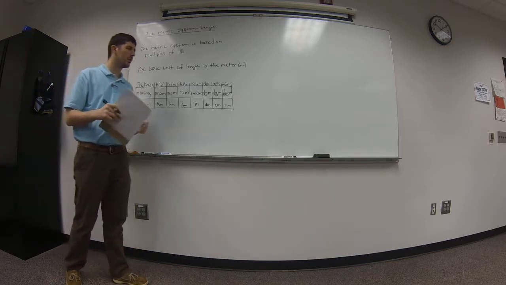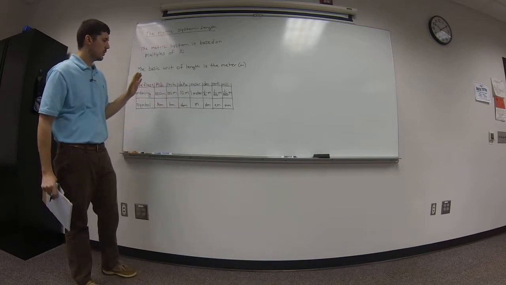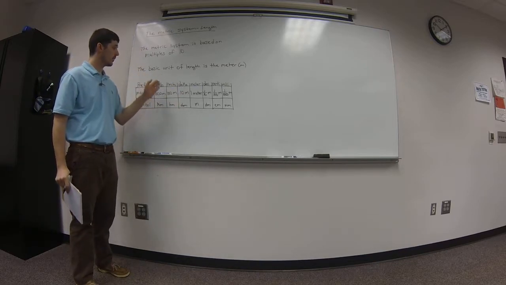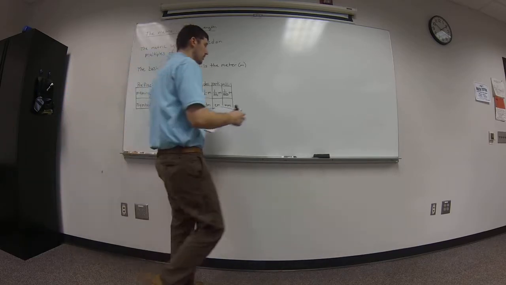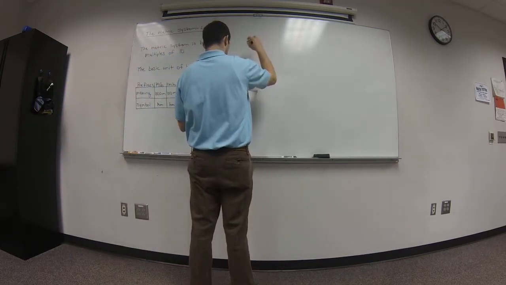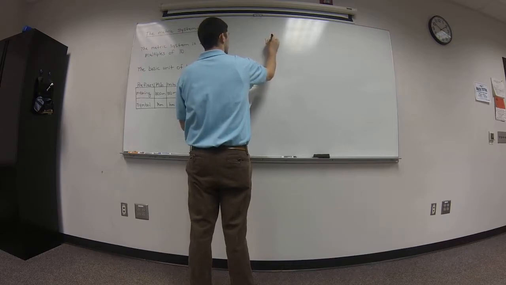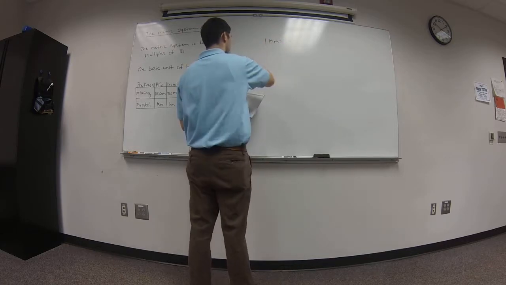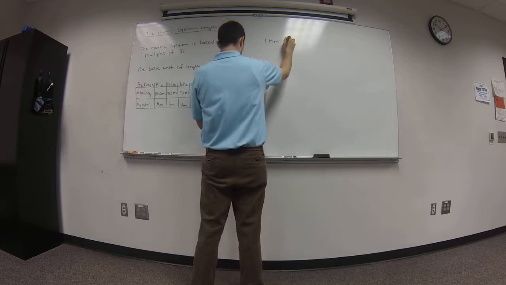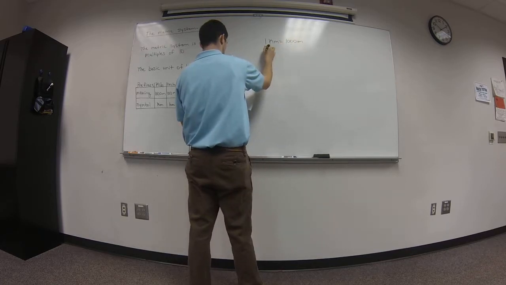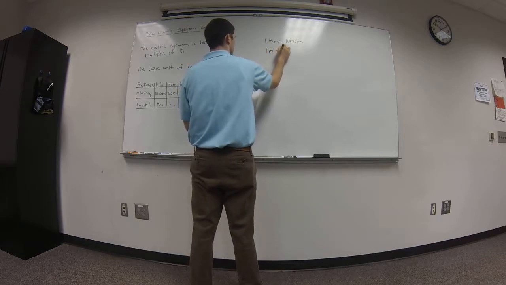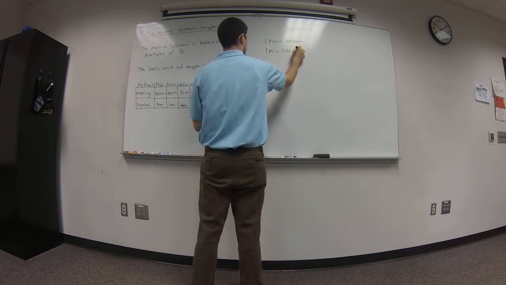What we're going to do is convert between the different lengths of meters. First, let's get down some unit ratios. Getting some information from my chart, 1 kilometer is equal to 1,000 meters. 1 meter is equal to 100 centimeters.